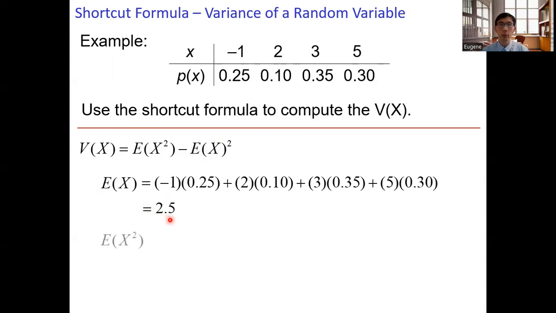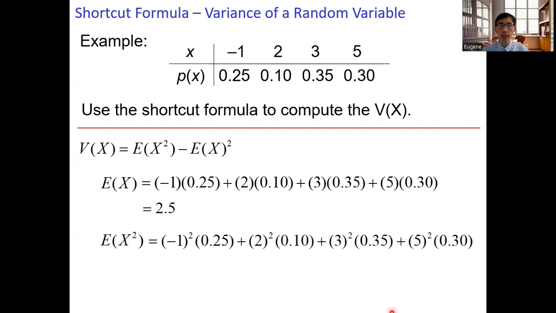And then we need to get the value of the expected value of X squared. So the corresponding expression is minus 1 squared times 0.25 plus 2 squared times 0.1 plus 3 squared times 0.35 plus 5 squared times 0.3.